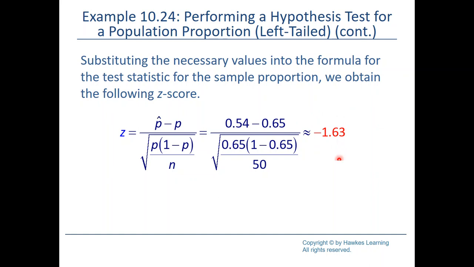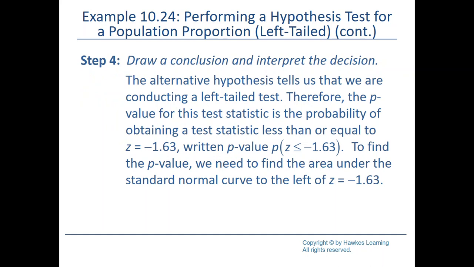And to get my critical z value, this is where I have to make note of, well, what type of hypothesis test am I running? Well, in our case here, we are running a hypothesis test that was a left tail. So therefore, the p-value for the test statistic is going to be the probability of obtaining the test statistic being less than or equal to z being a negative 1.63.